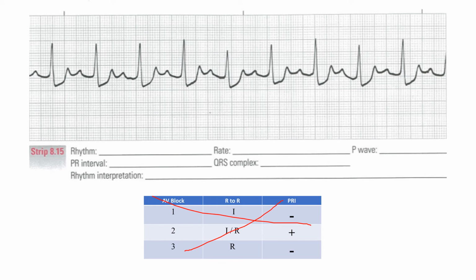So it is a sinus rhythm because it came from the SA node, and because your PR interval was prolonged, we are going to call this a sinus rhythm with a first degree AV block. Other things you might want to note is if you're drawing a line across your isoelectric line, your STs are below that. So we would want to make note that you do have ST depression.